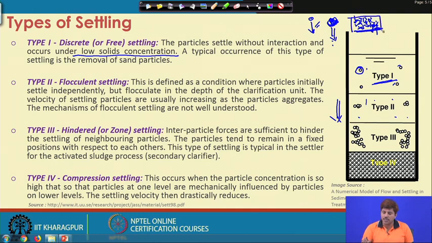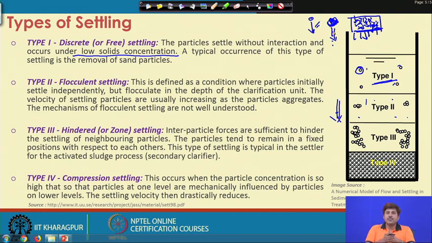So, the entire thing settles as a zone, because of this upthrust or because of them not agglomerating and forming a larger mass, rather they are settling as a zone. So, we call that zone settling, or hindered settling, where the velocity of settling is lesser as opposed to flocculent settling or discrete settling.